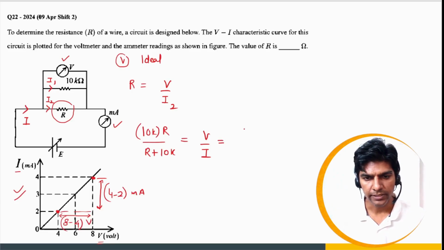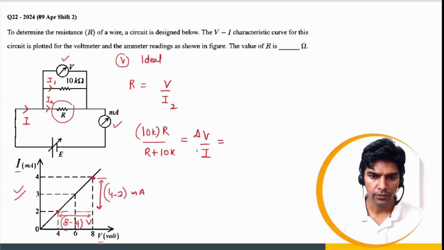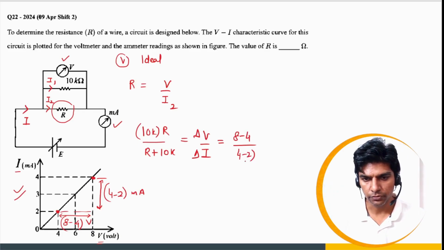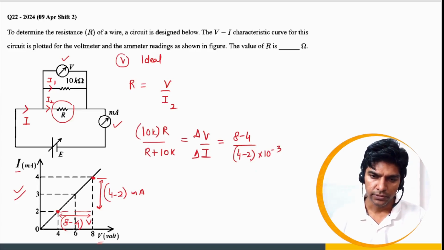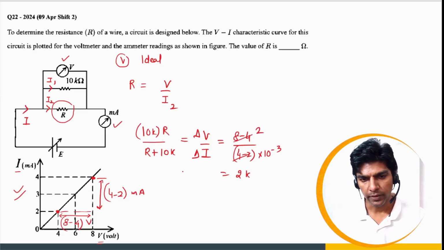So we can write this as delta V upon delta I. So delta V is 8 minus 4 and delta I is 4 minus 2 milliampere. So this is 2, this is 4, so it comes out to be 2 kilo, which is equal to 10k times R divided by R plus 10k.